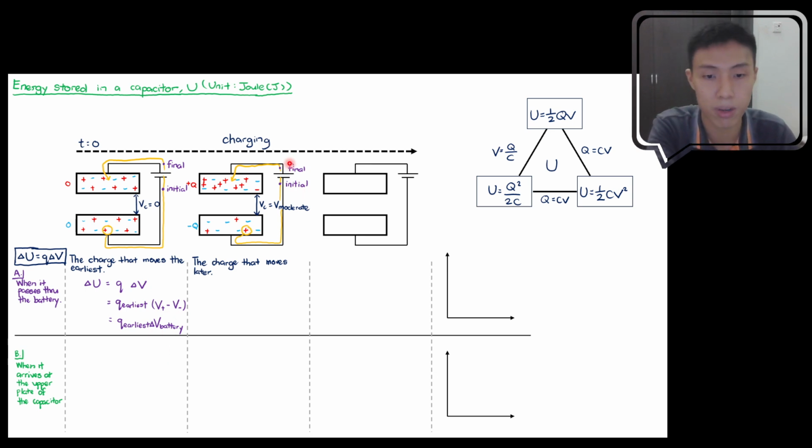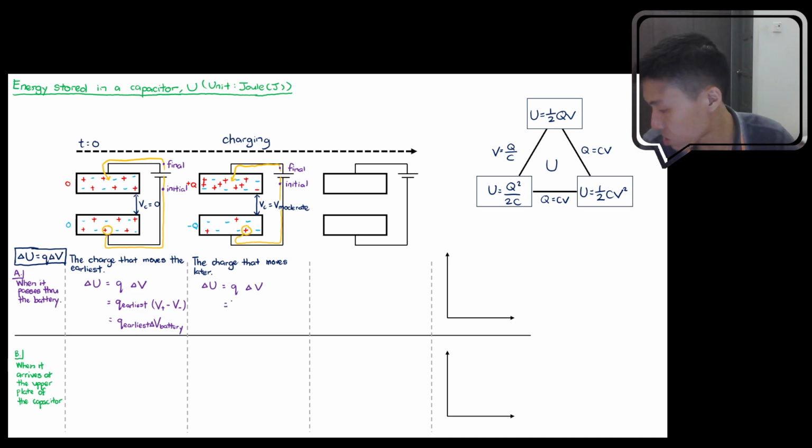So delta U is once again Q delta V, but this one is no longer Q earliest, this one is Q later, and it is still V plus minus V minus, so you get Q later times the same delta V battery.